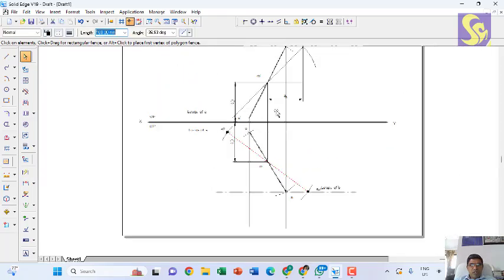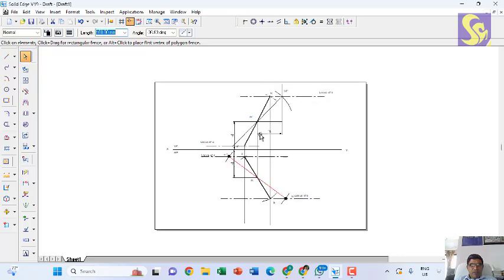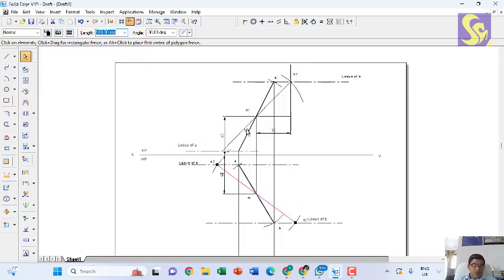So now then the problem is solved. We need to find out the angles now, the true angles and the apparent angles.